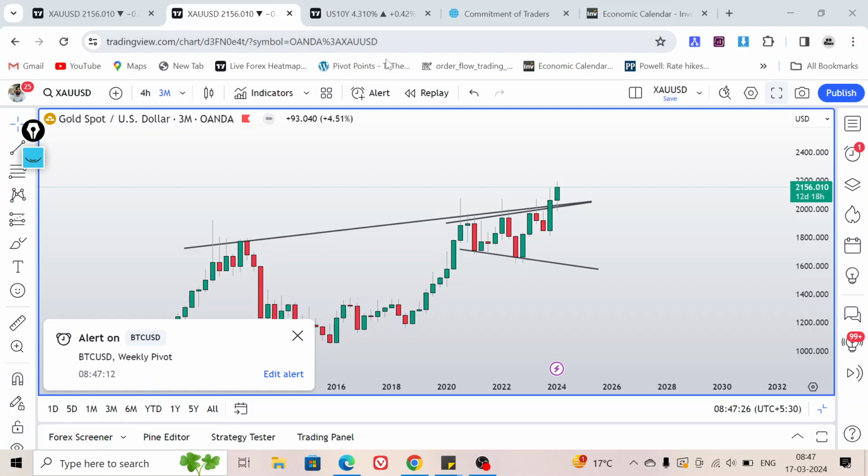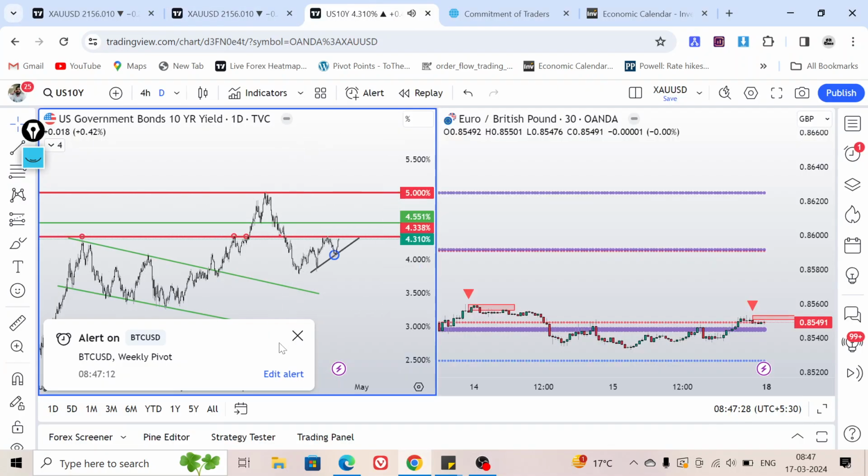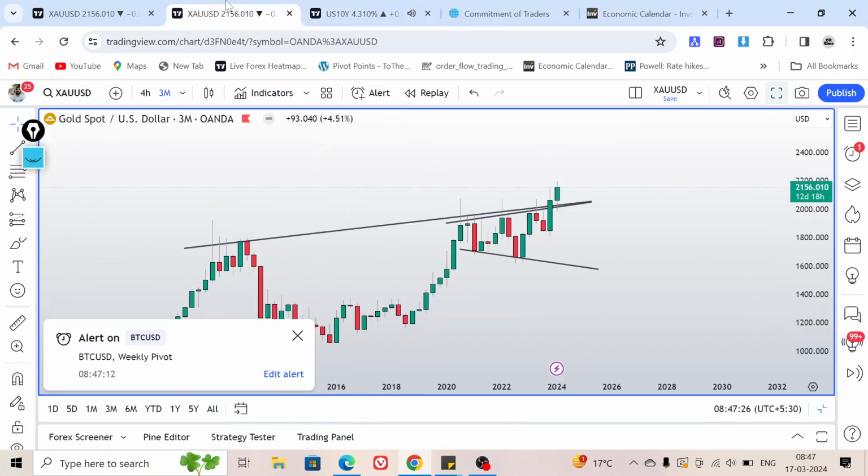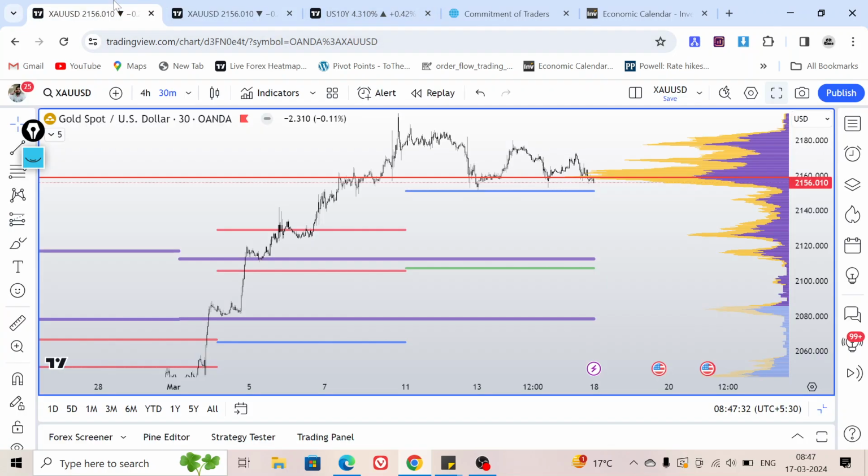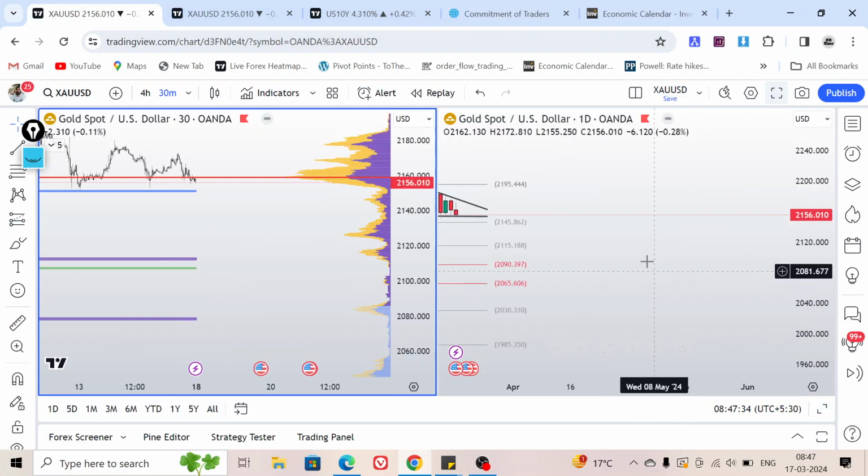And we have to act accordingly. Now let's check the chart of the US dollar, that is DXY.